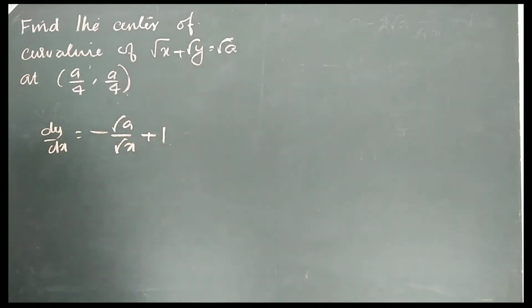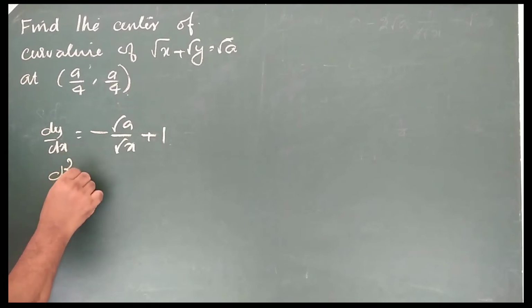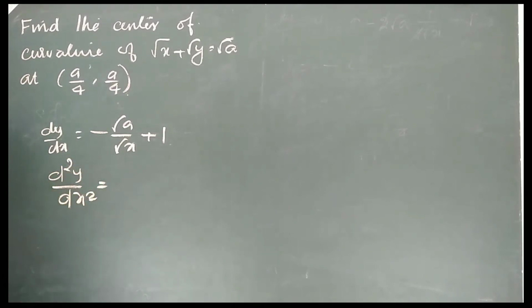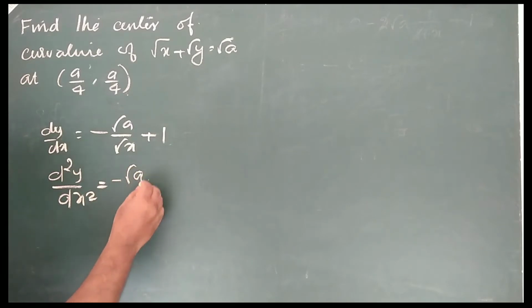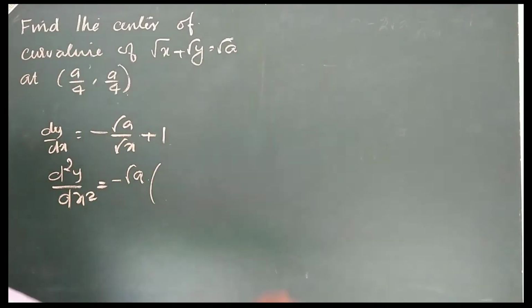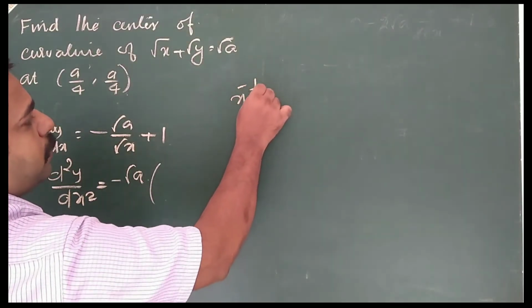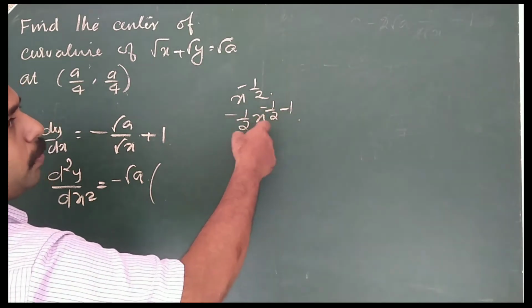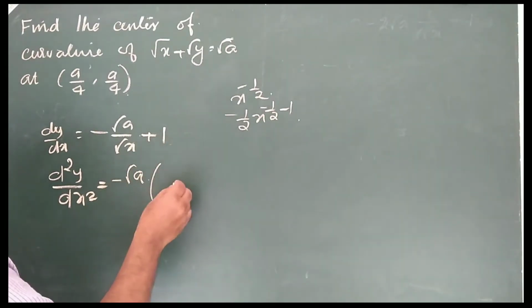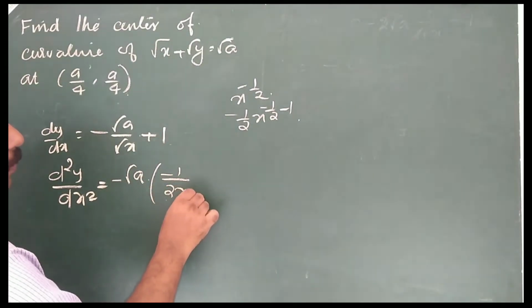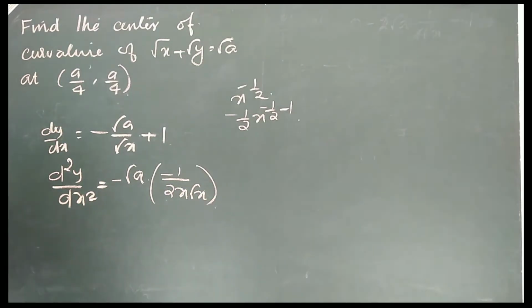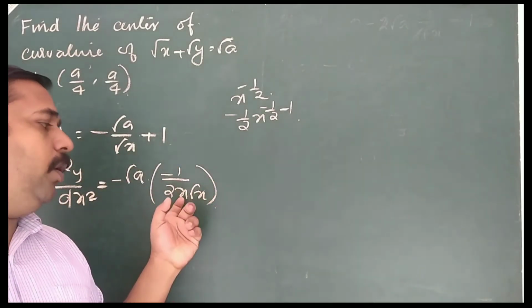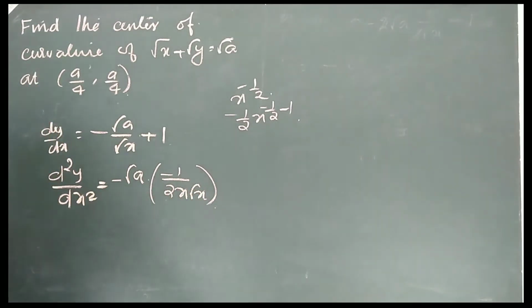Now differentiate once again with respect to x, that is d square y by dx square is equal to minus root a into the differentiation of 1 by root x, that is x raised to minus 1 by 2, that is minus 1 by 2 x raised to minus 1 by 2 minus 1. So the differentiation of 1 by root x is minus 1 by 2 x root x, plus the differentiation of 1 is 0. So you can follow this also.